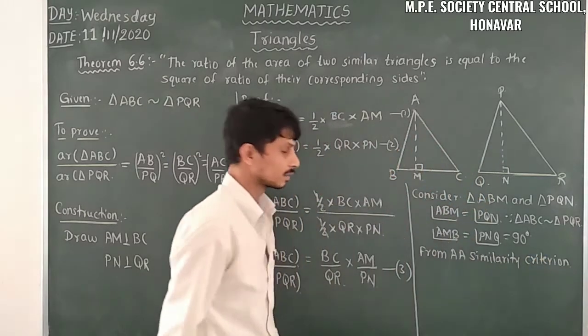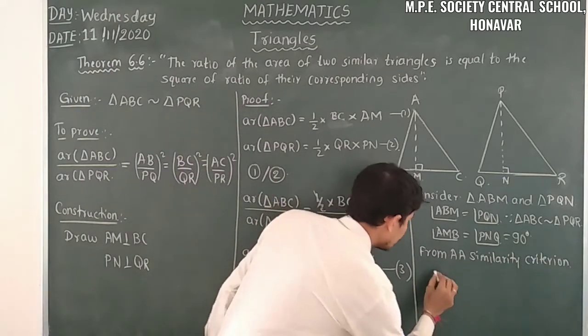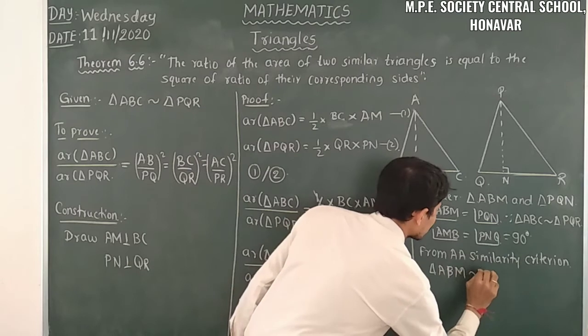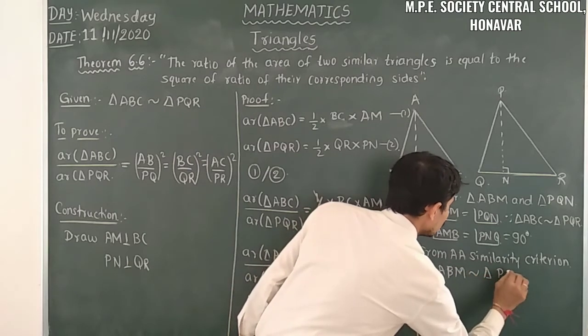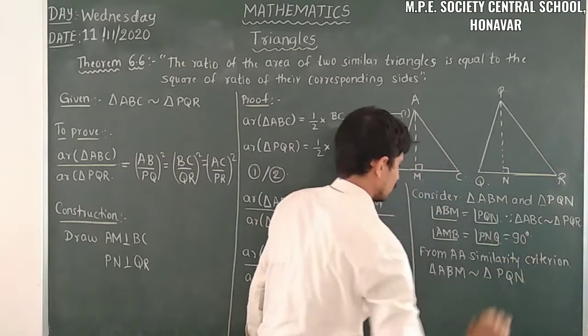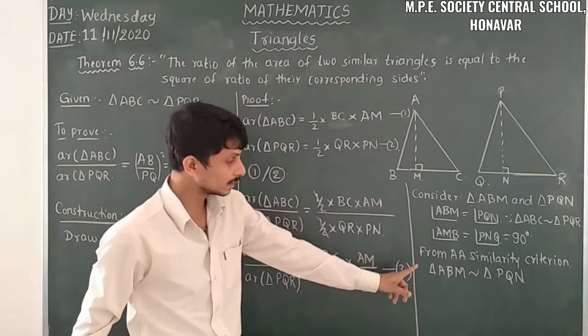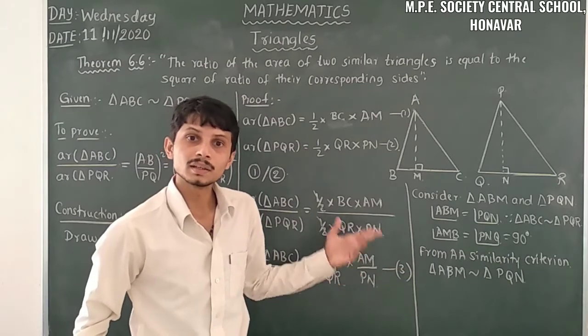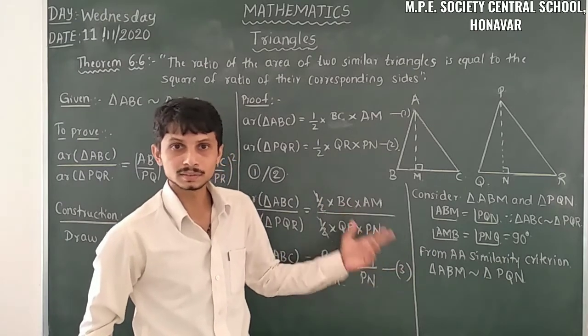We can take triangle ABM is similar to triangle PQN. Then we can take some of the ratios of corresponding sides.